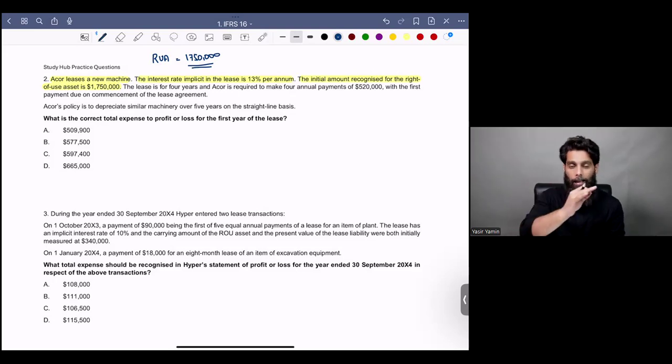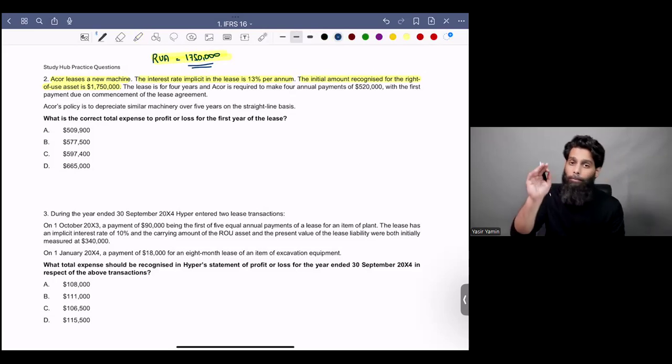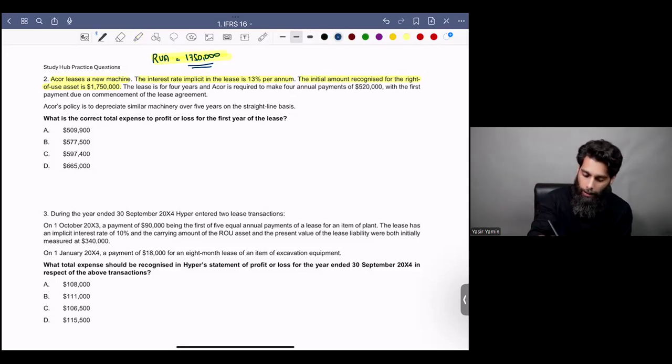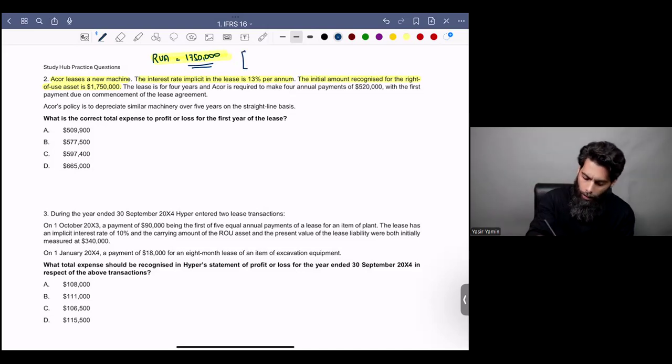Guys, I'll make a statement and I'll want your feedback with a yes or no if you think I am right. My right to use asset calculated as 1,750,000 would have been at least calculated according to the following formula. At the very least, this would include the value of my lease liability, which is generally the present value of future cash flows, plus the down payment as well.